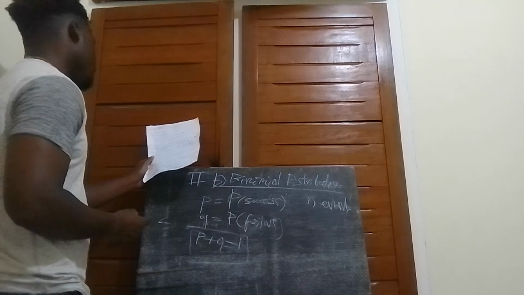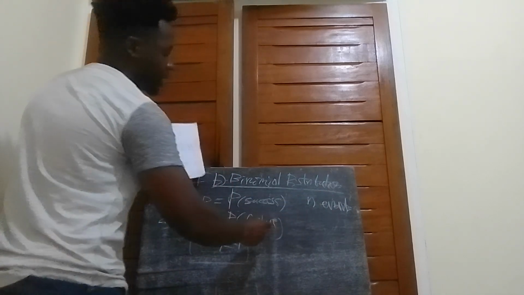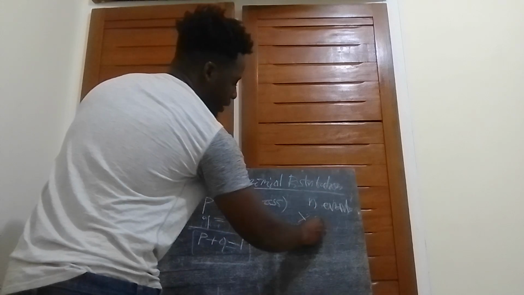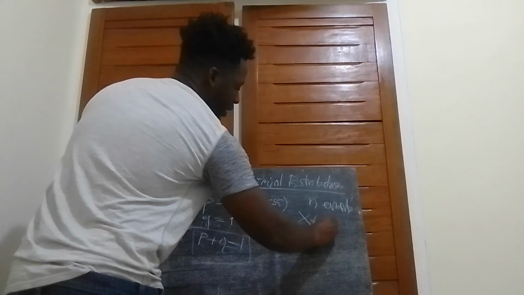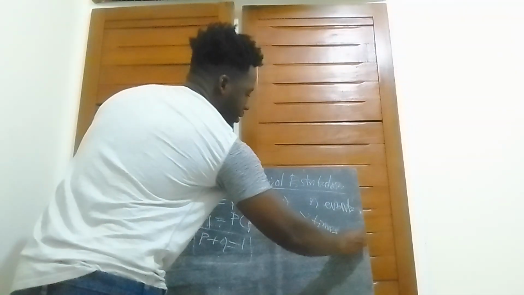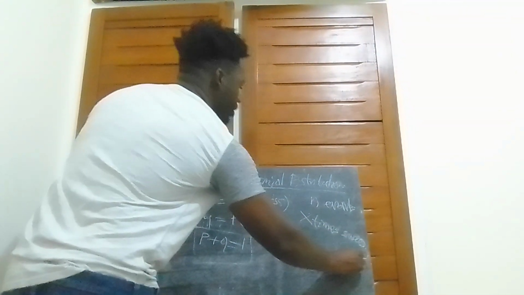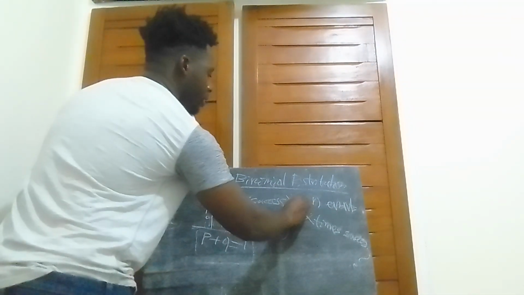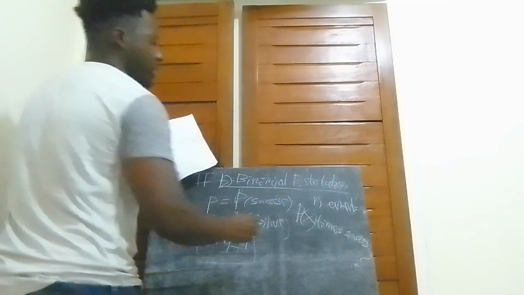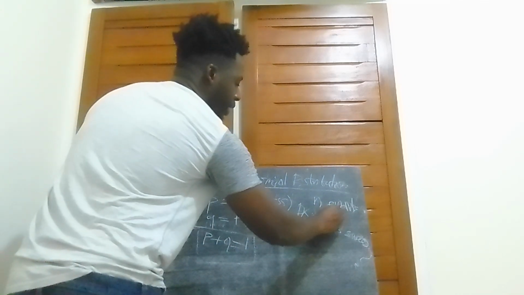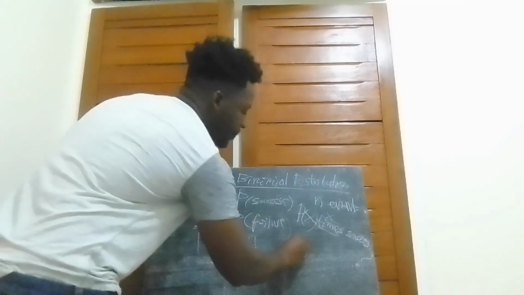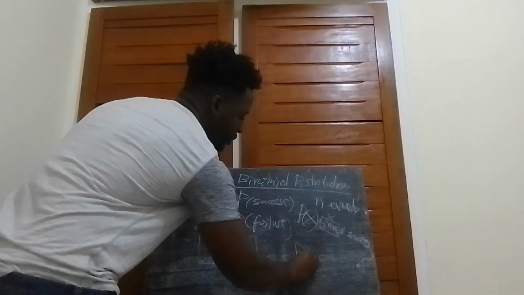What's the probability that during n events there's going to be x times successes? X times successes. What's the probability P of x that there's x times successes? And that probability goes by the binomial theorem.